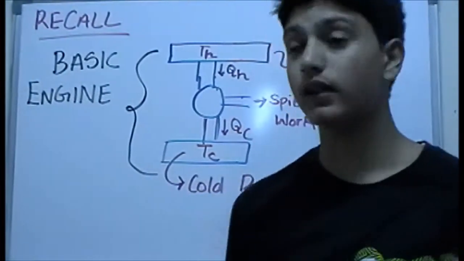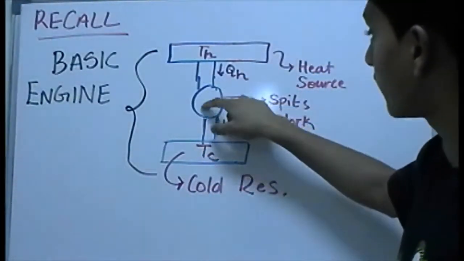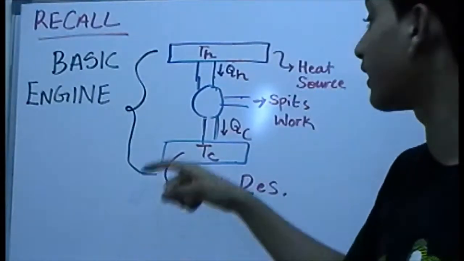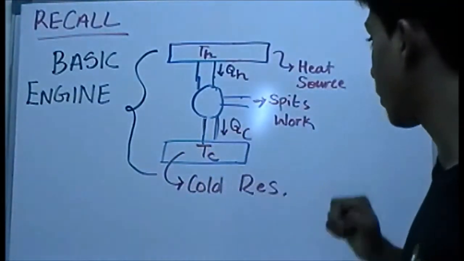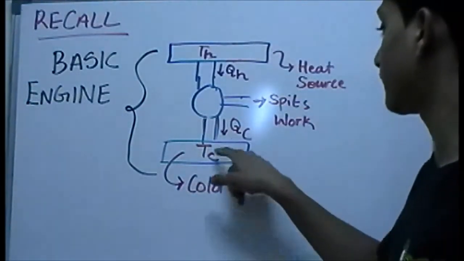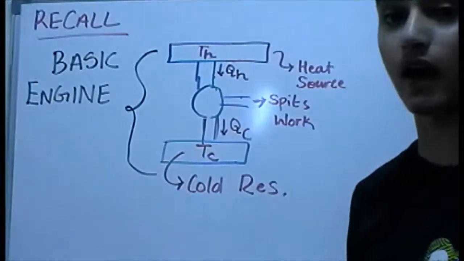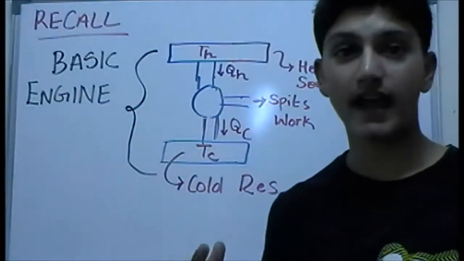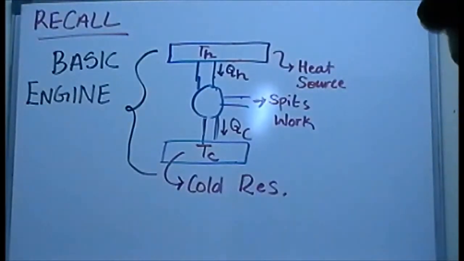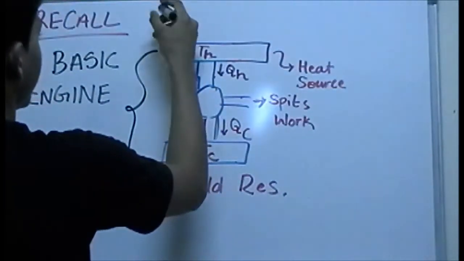What's important is that the heat goes down to the cold, and the cold is stored in the storage place over here, and the process spits the work out, which has some energy.